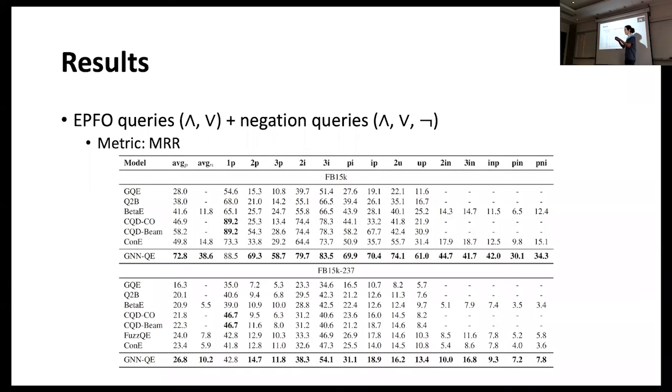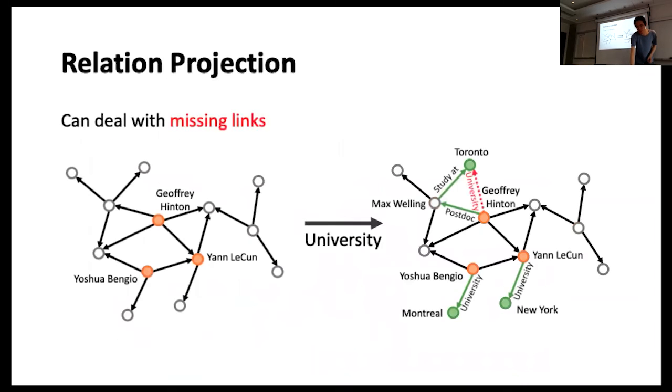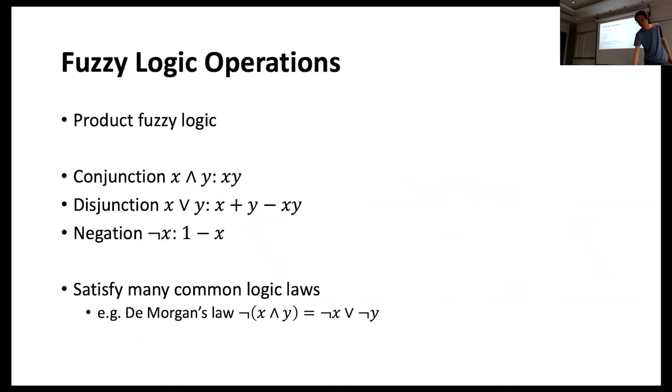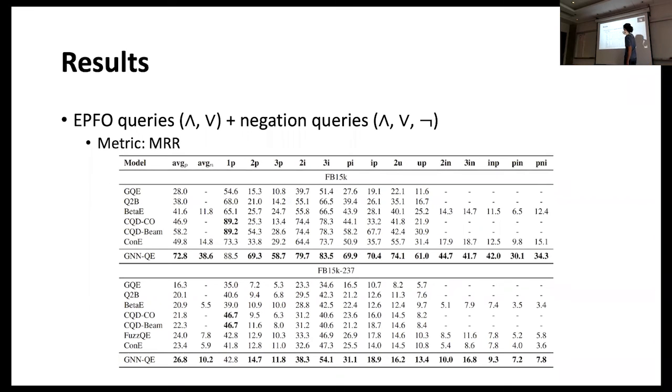For 1p, it means a simple single-hop reasoning, and 2p is like a chain of two projection reasoning, and 3p is an even longer one. The example we used here is called an intersection plus a projection query, so it corresponds to the query type ip here. And these are the results.